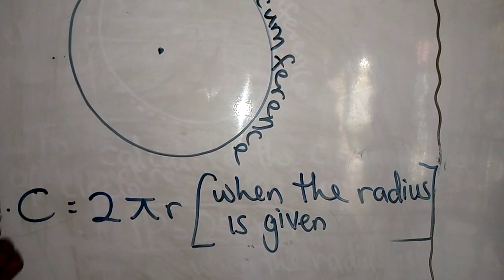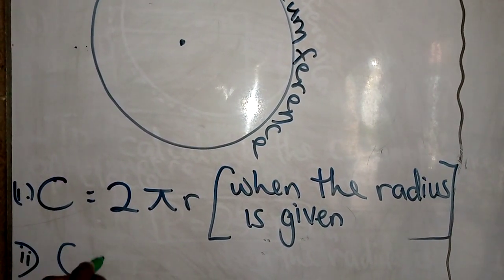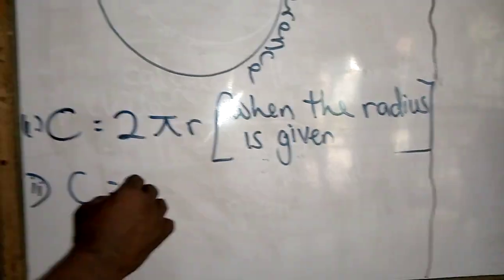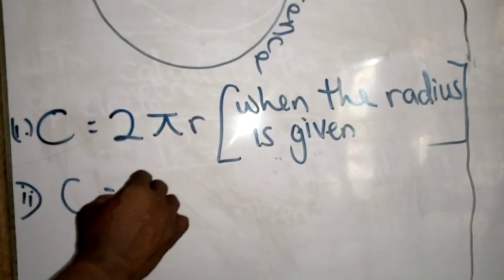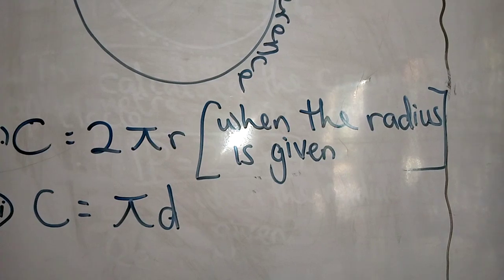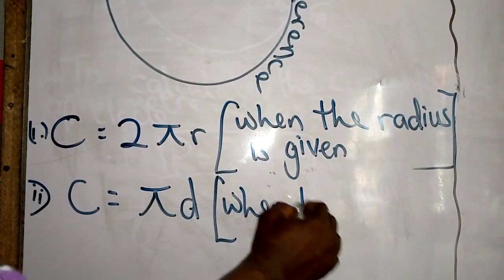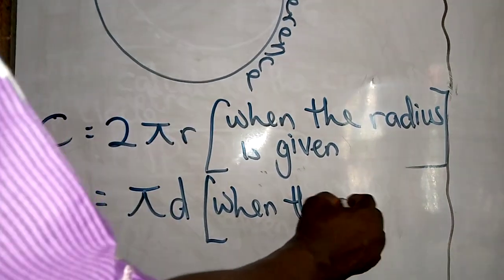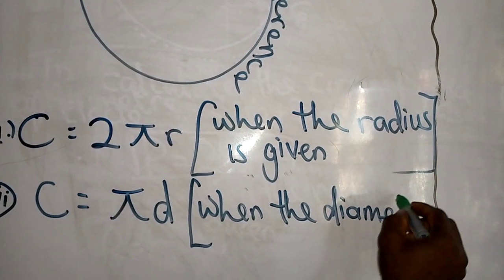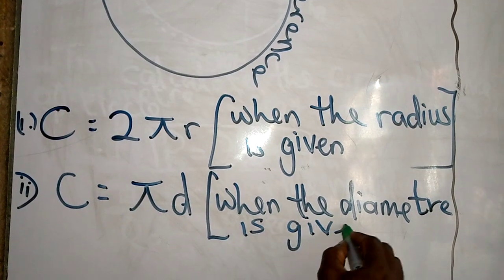You can also have another formula, C equal to pi d. This one is used when the diameter is given.